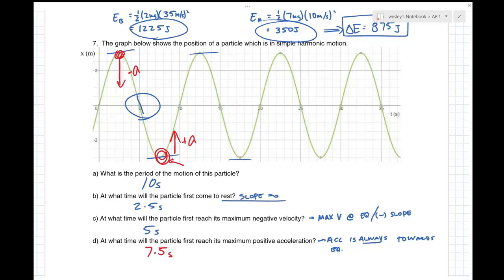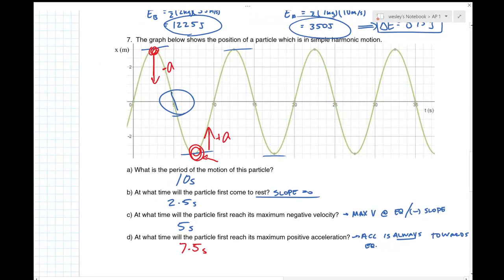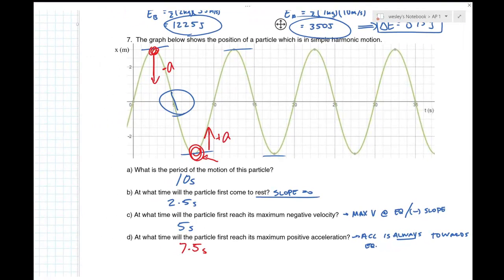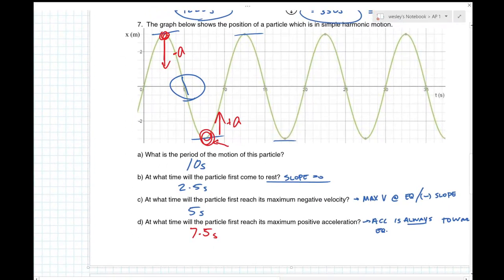Now, there are some always true rules that would be a good idea to cover here. So, the first one, a particle is always at rest at maximum displacement. That's where the particle's turning around.